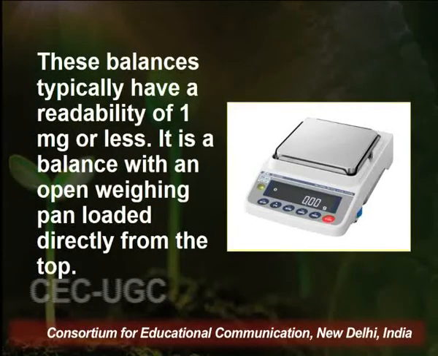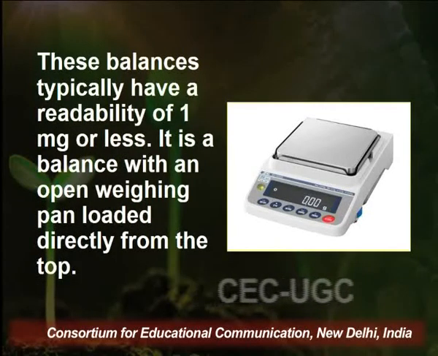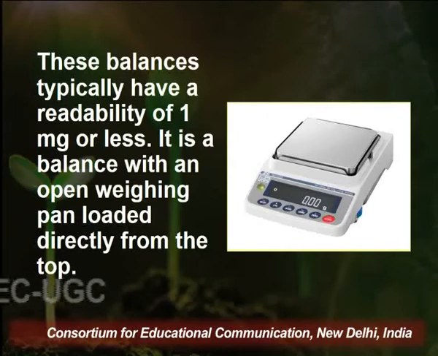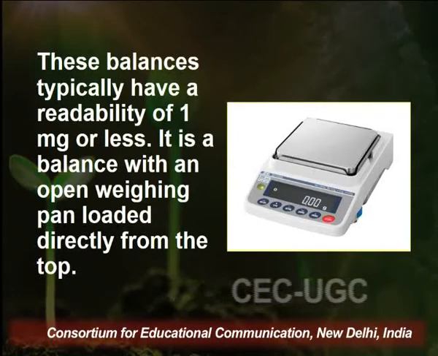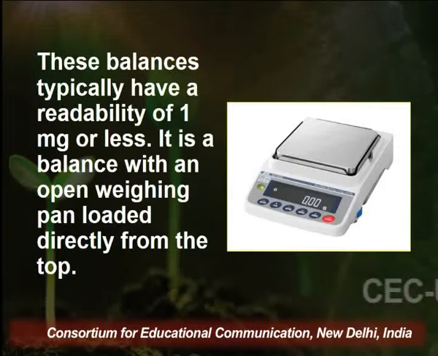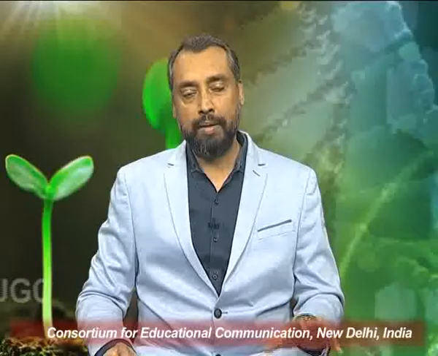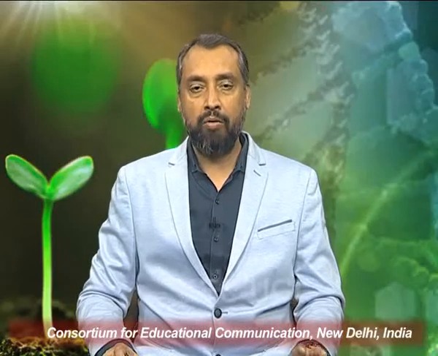These balances typically have a readability of 1 milligram or less, and it is a balance with an open weighing pan loaded directly from the top. So this was all about the basic idea about the laboratory weighing balances, which we use in our day-to-day experimental conditions or experiments.